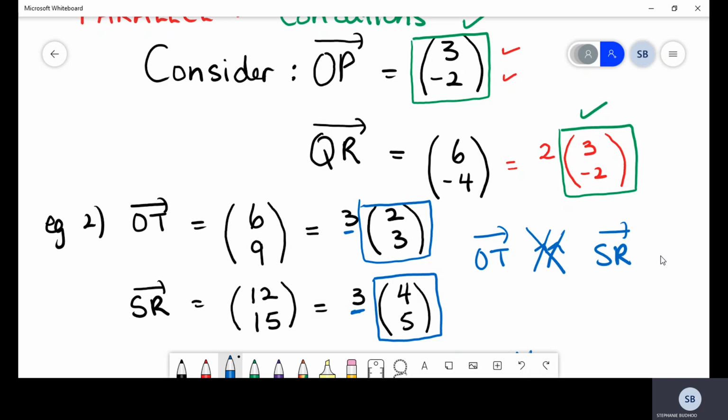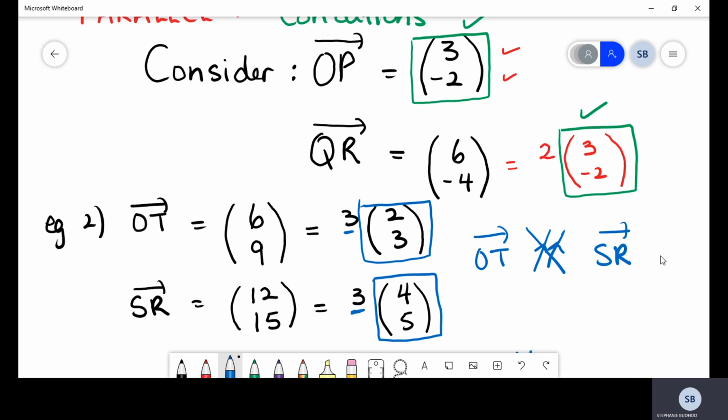And those numbers can vary. They can be different. It would not affect the vector being parallel. So I hope that clears up any issues you guys may have with vectors being parallel or not.